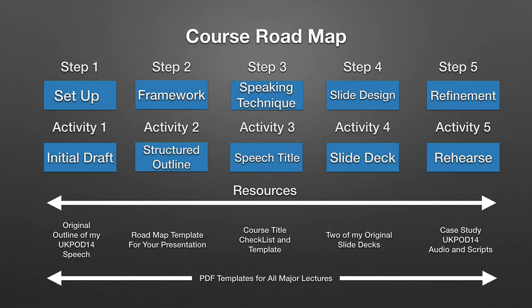In step 3, I give you a checklist and a template for you to create your title, which has also got lots of titles as examples from real speeches given by real people, and I actually name them so you can see who they are. So you should be able to use that resource to create a really, really amazing title for your speech.